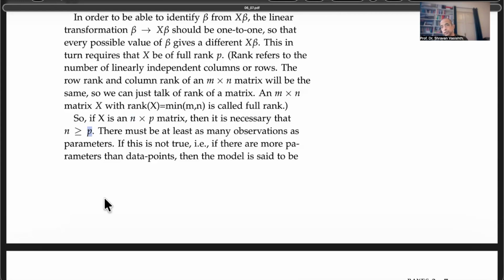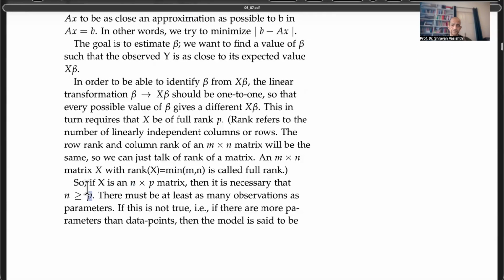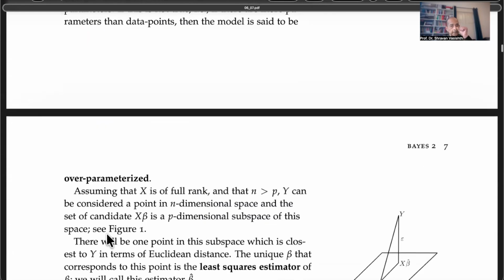If you do have that situation, the model is over-parameterized. All this stuff about full rank you can look up in a standard matrix algebra textbook. But we are assuming that X is full rank, and that n is larger than or equal to the number of parameters.